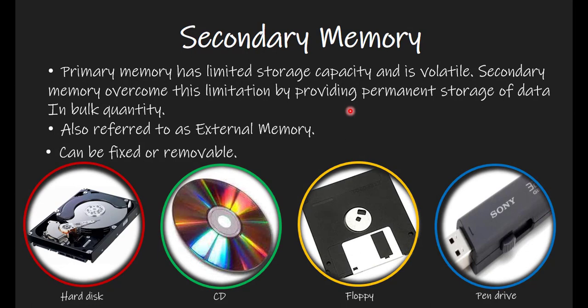Secondary memory can be either fixed or removable. Fixed storage is an internal storage medium like a hard disk that is fixed inside the computer. Or it can be removable, like CDs, floppies and pen drives. We can take them out of the computer.